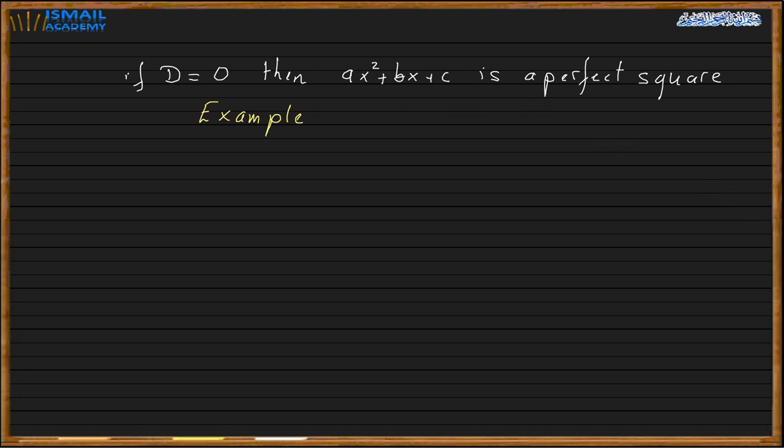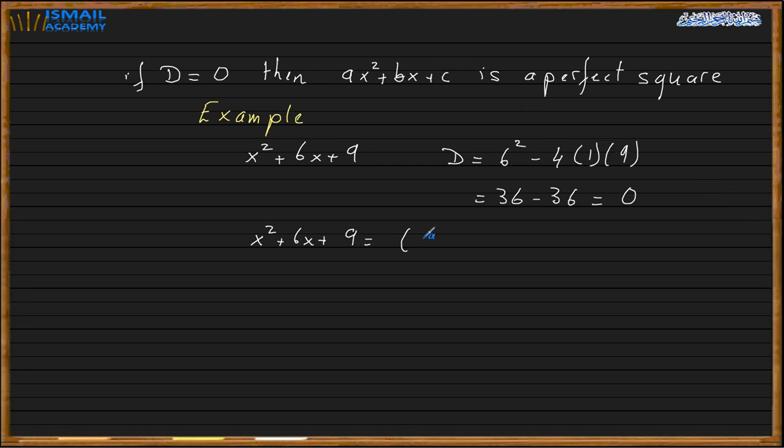If I choose x squared plus 6x plus 9, my discriminant is b squared, which is 36, minus 4 times 1 times 9, because a is 1, so 36 minus 36 equals 0. So this is a perfect square, the same thing as x plus 3 squared.